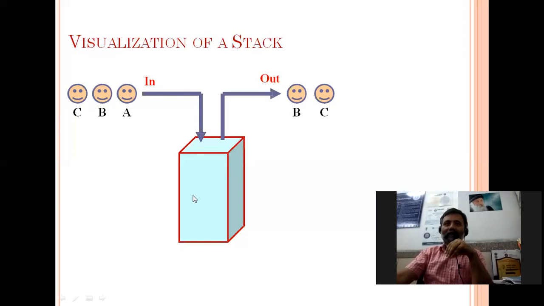A will be the first one, next B, and last C. So C will be on top. The last in first out means C came last, so C will be deleted first, and after that B came, so B will be deleted next. So that's why its name is last in, first out.